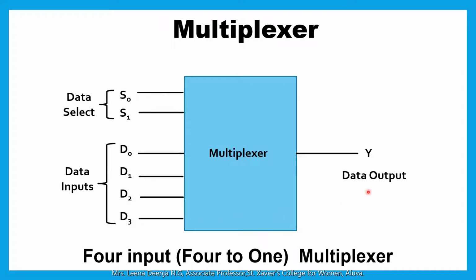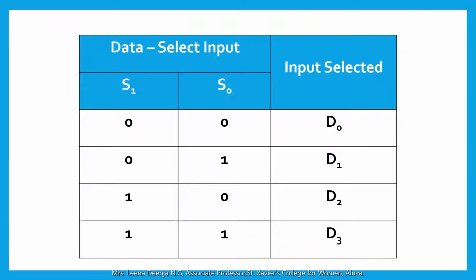And here the data output is marked as Y. If the data select inputs S1 and S0 are zeros, then the input D0 is selected and that is routed to the output. So output Y will be equal to D0. So if D0 is 0, then output will be 0 when S1 and S0 are zeros. If D0 is 1, output Y will be 1.